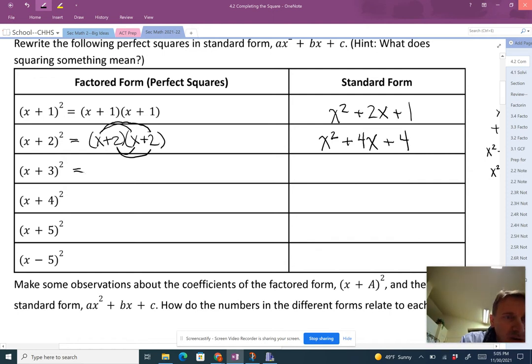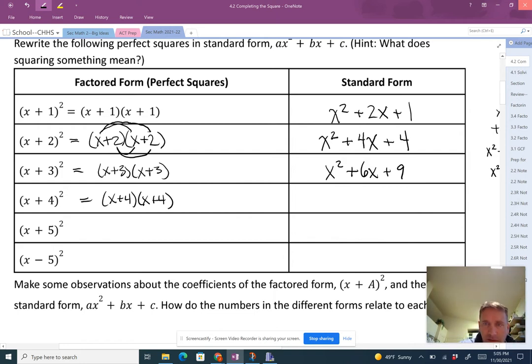And each one of these, x plus 3 squared, that's x plus 3 times x plus 3. And that gives us x squared plus 6x plus 9. And x plus 4 squared, that's x plus 4 times x plus 4.